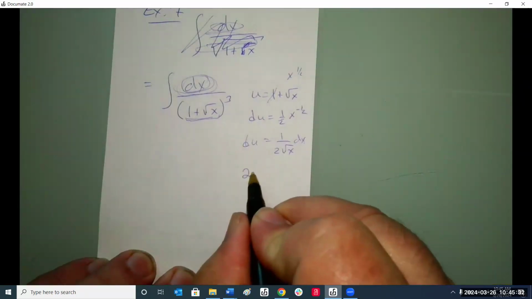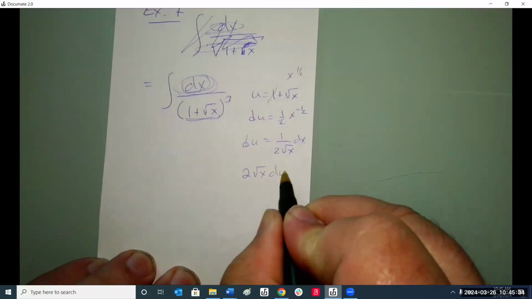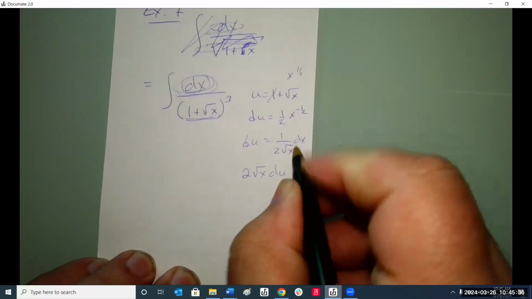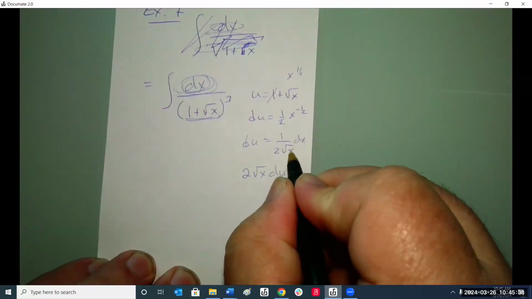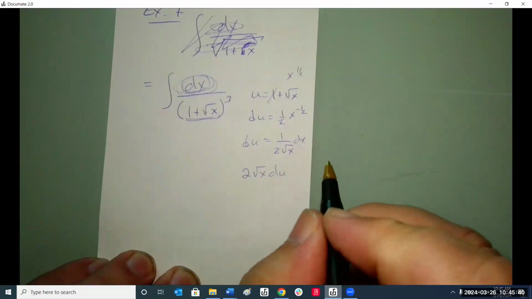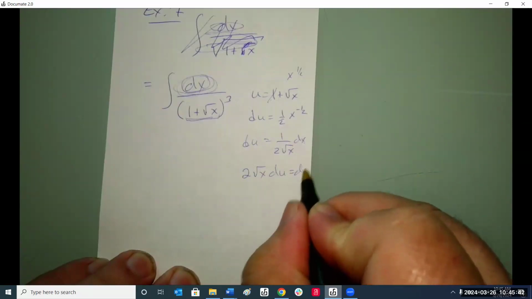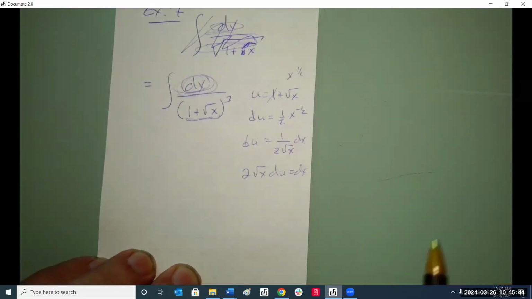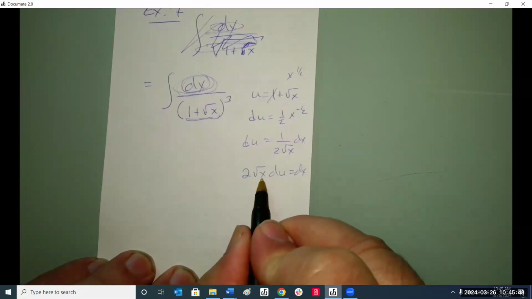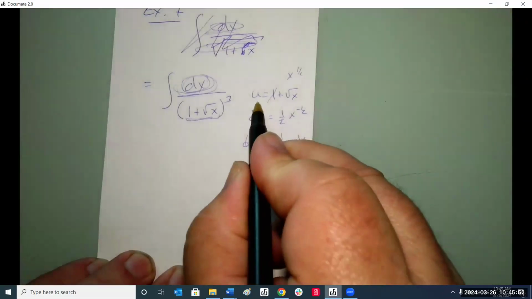Multiply both sides by 2 radical x: 2 radical x du equals dx. But we need to have x in terms of u. So we go back up here.